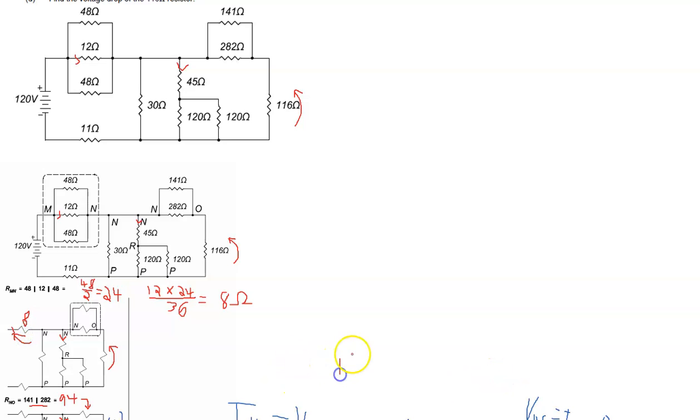Basically we can say that the voltage drop across that 8 ohms is equal to I times R, and IT goes through there, and of course it is 8 ohms. So that gives us 3 amps times the 8 ohms, and so that V8, let's say, is equal to 24 volts, and that is across that branch.